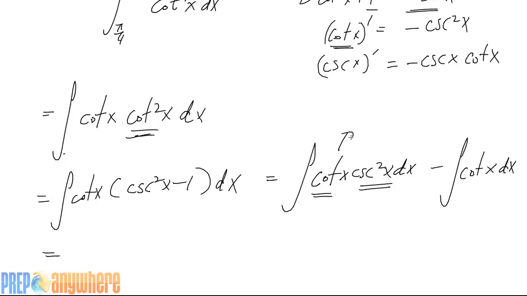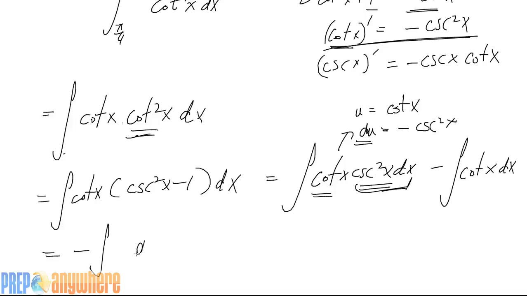So if you let u equal cotangent of x, then you get du equal to minus cosecant squared x. I'm just using exactly this right here. So I can replace that right there with minus du, with u in front.